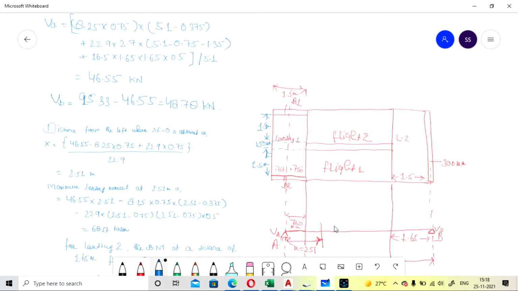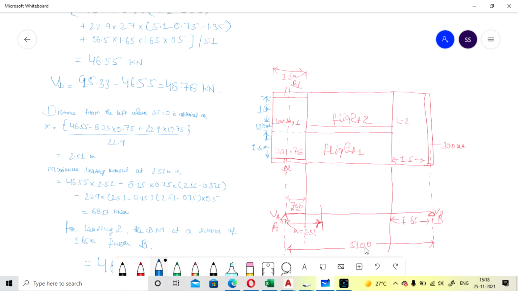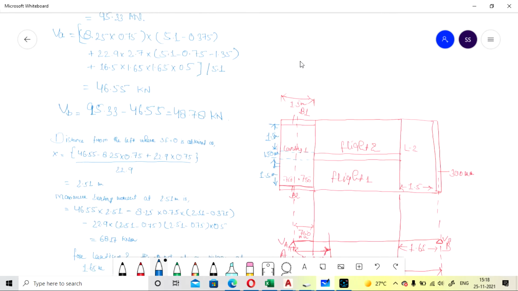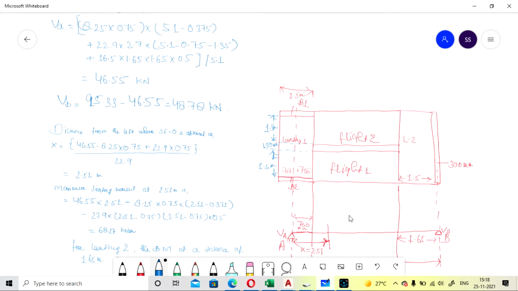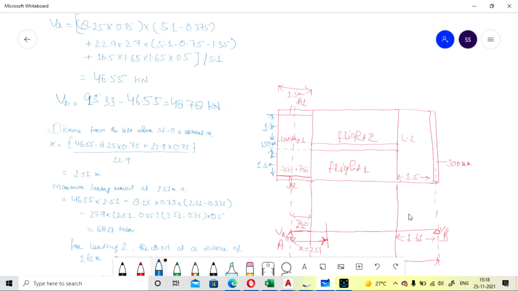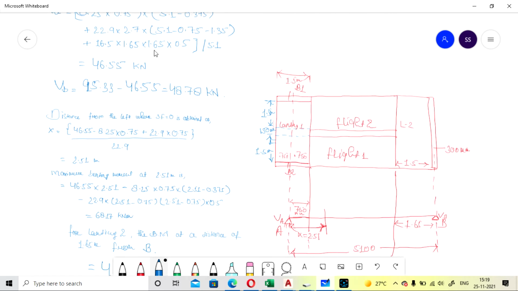What is 0.375? 5.1 is the total length, and if you minus center of this up to this, it will come as 0.375, plus 22.9 load on this into 2.7 multiplied by 5.1, total length, minus 0.75, minus 1.35, plus 16.5 load on this into 1.65 into 1.65 by 2, that is WL square by 2, that is the mid of this, and divided by total length, that is 5.1.